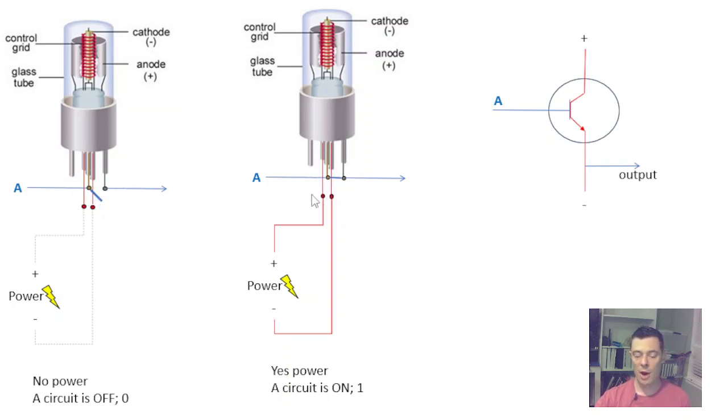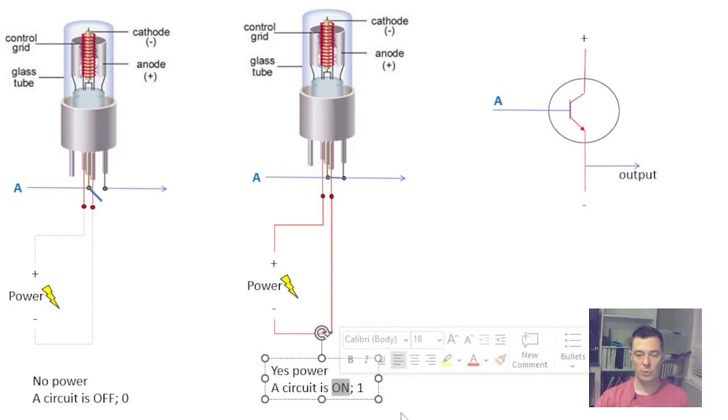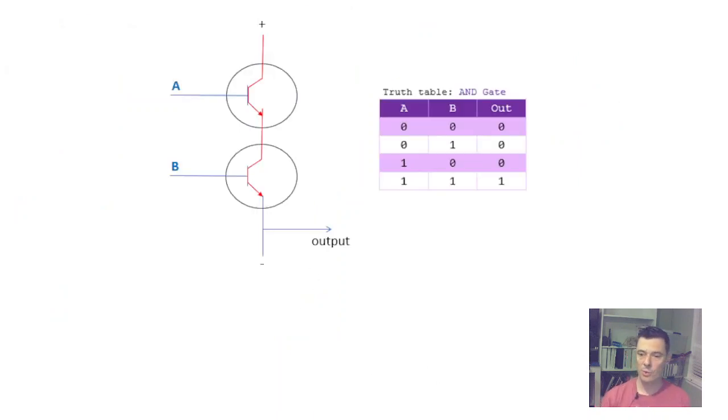When you did have power, the electrons could flow and the gate was open. I might have said that backwards. So this had no power, the circuit was off, value is 0. This one, once you provided power, the circuit was on. So you could use electricity to get zeros or ones.